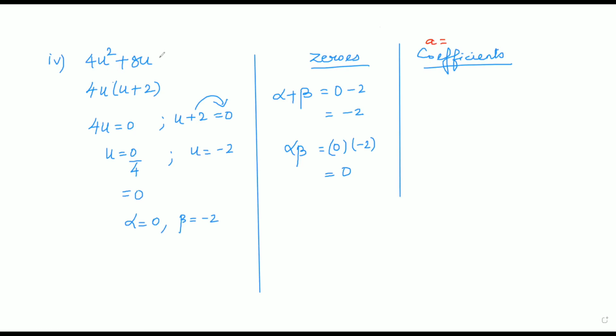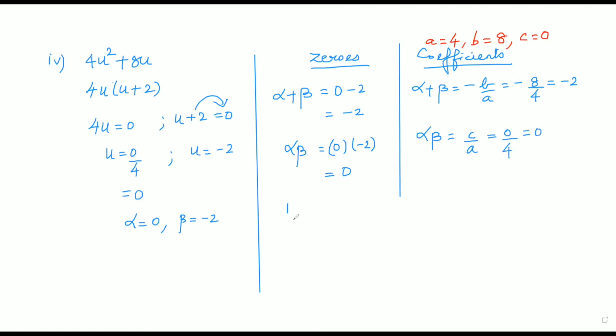A is the coefficient of u squared, which is 4. B is the coefficient of u, which is 8. And C, the constant, is not there, so put 0. So for alpha plus beta, we know the formula is minus B by A. So minus 8 by 4, which is minus 2. Alpha beta is C by A, which is 0 by 4, which is 0. Hence, this is verified.